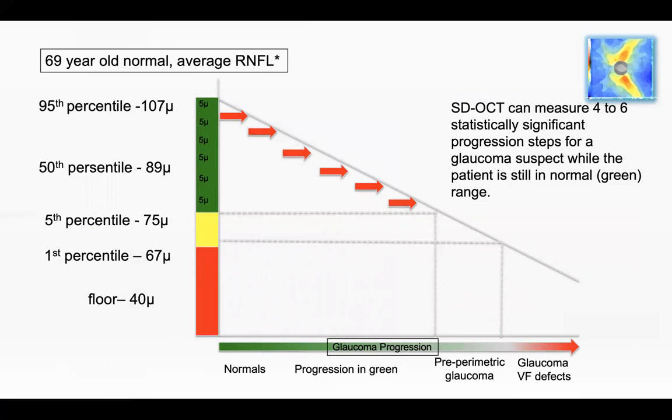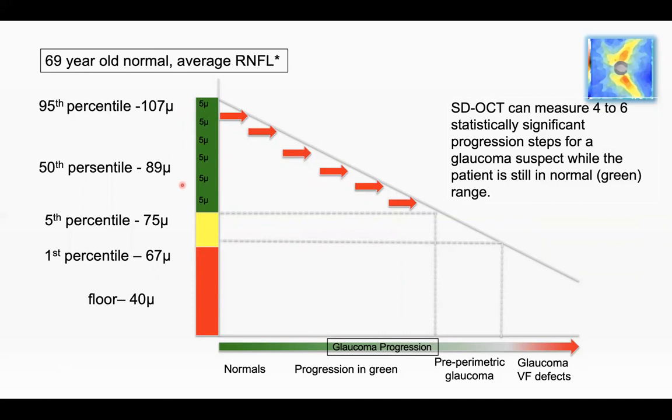These are the normal, borderline and outside normal values for a 69-year-old average person. You see it's 107 at the 95th percentile. Let's think she is a glaucoma suspect. She can start from the top and RNFL thickness decreases in time, but she is still in the green range.